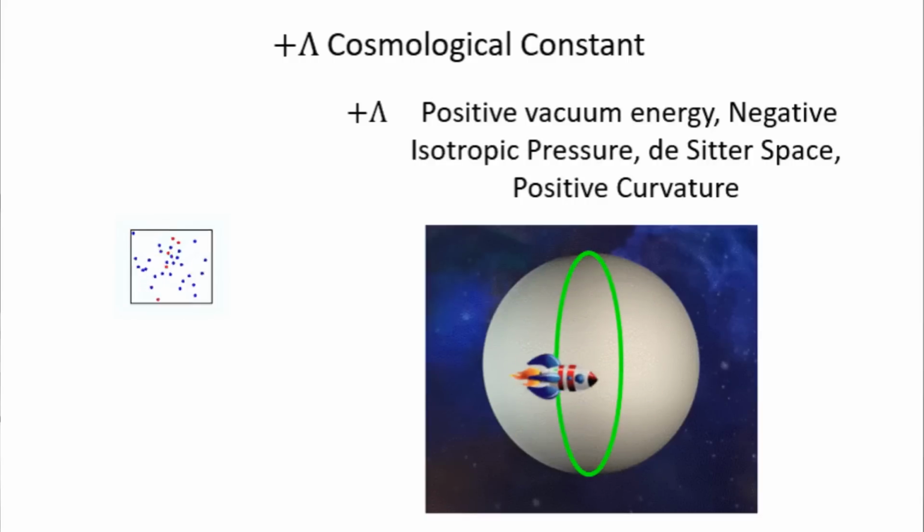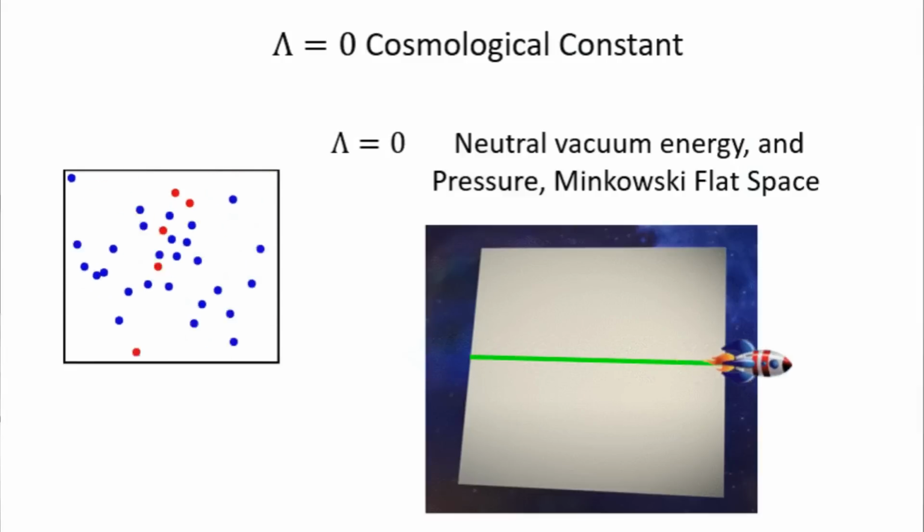So a sphere represents a closed curvature or a closed space-time, meaning that if we start at one location and zip around, we will come back to the same location that we started at.